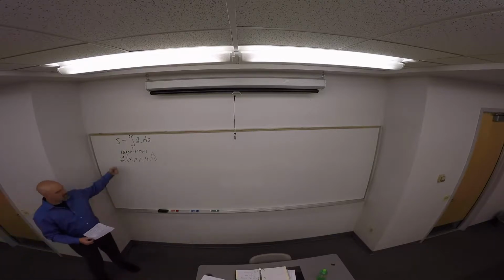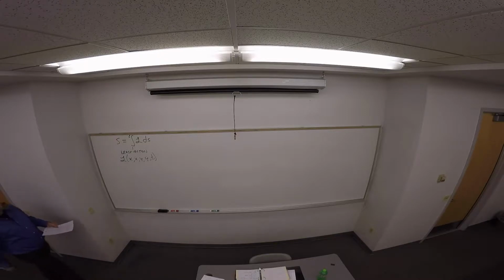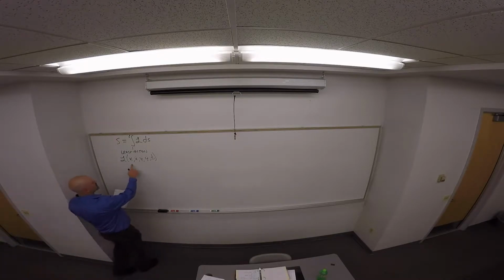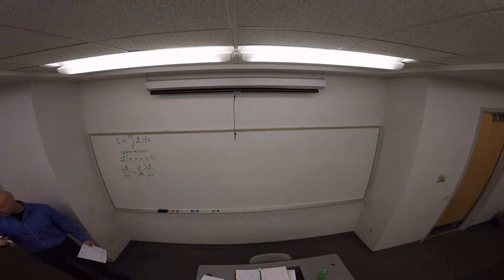Okay. So in general, if we have 2 dimensions, the Lagrangian is a function of x and velocity in x, y and the velocity in y. In which case you'd apply the Euler-Lagrange equations and end up with something that looks like dL/dx is equal to d/dt of dL/dx dot in one dimension.